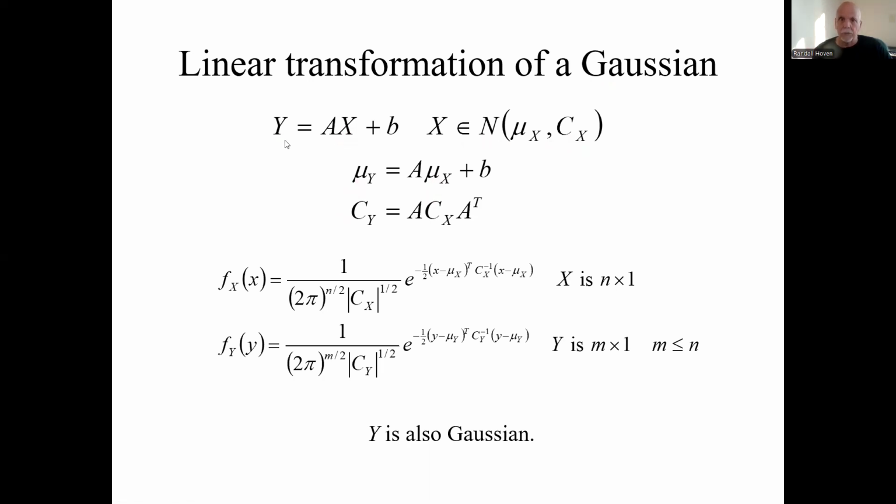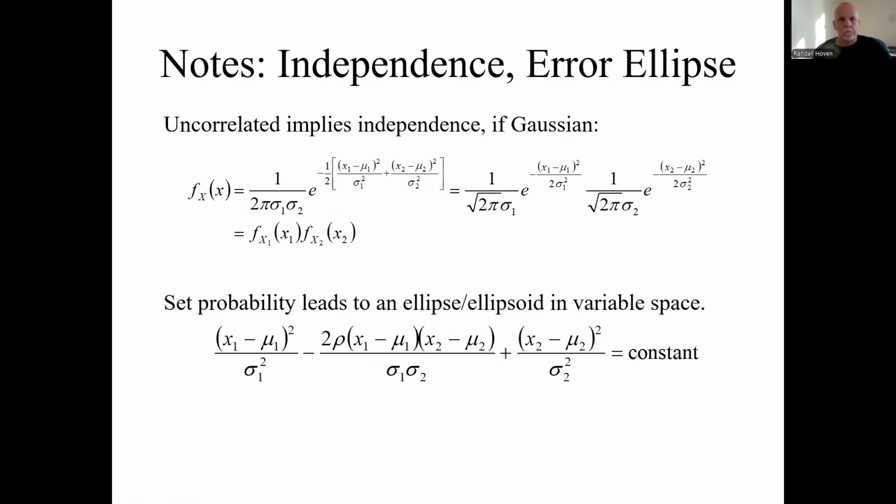The nice thing about Gaussians is that you do a linear operation on a Gaussian vector and you get another Gaussian. So in the case of a Gaussian, we not only have the mean and covariance, we have the whole joint PDF, and the result is also Gaussian. In the case of Gaussian, if they're uncorrelated, that does imply independence. In general, that was not true.